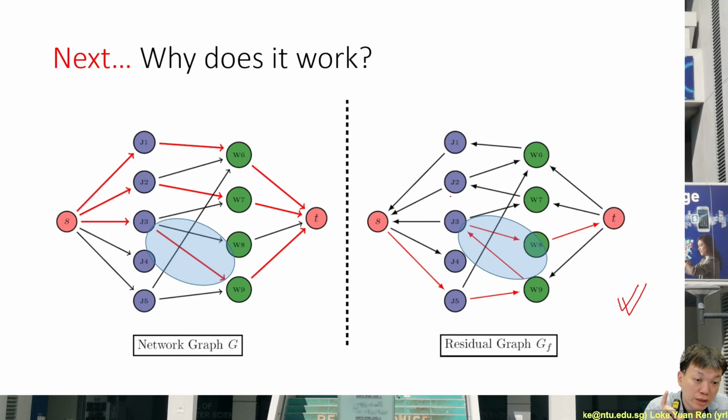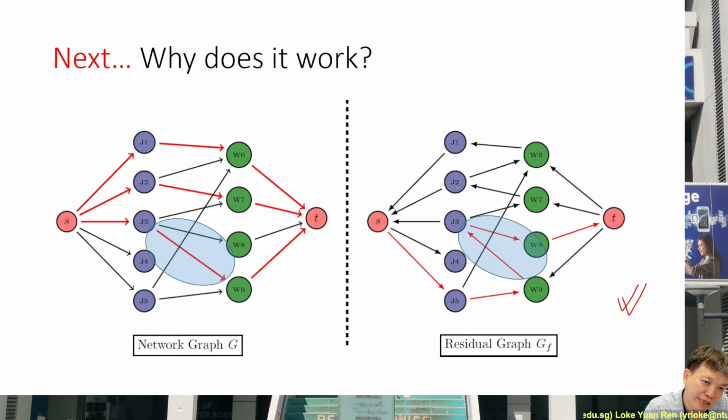So when they move, they find the path from S to T. I move the path along here, I can only go here. I have to go to J3 and then pass W8, then I can reach T. That's the only path. If I go to W7, I cannot reach T. There's no path for me.